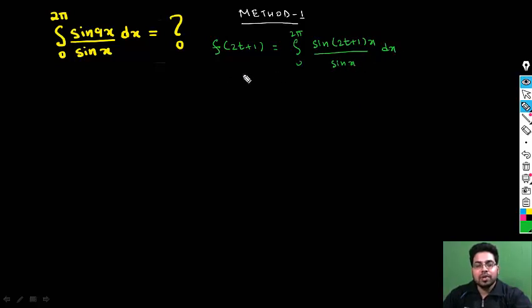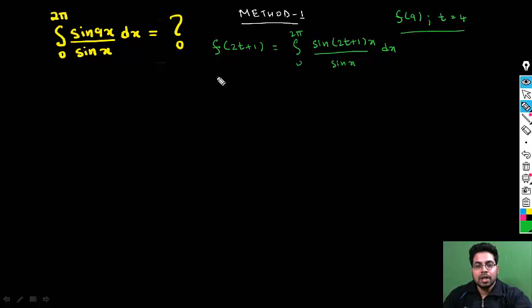So basically all I need to get is f of 9. If I'm able to get f of 9, that would be my final answer, and f of 9, I'll get at t equals 4.